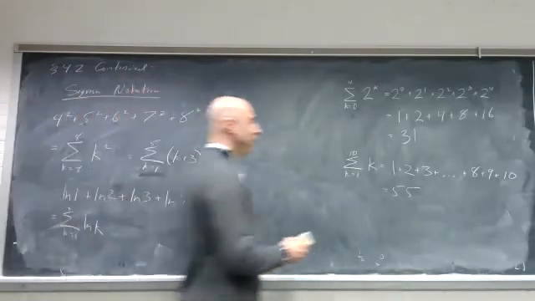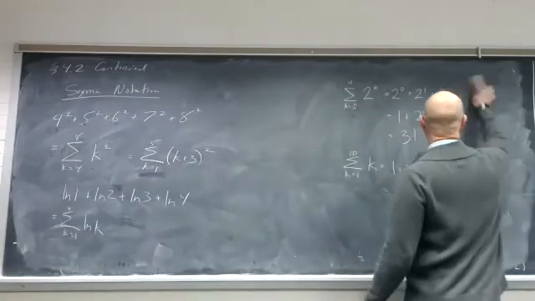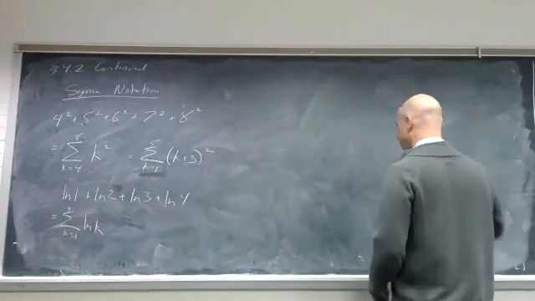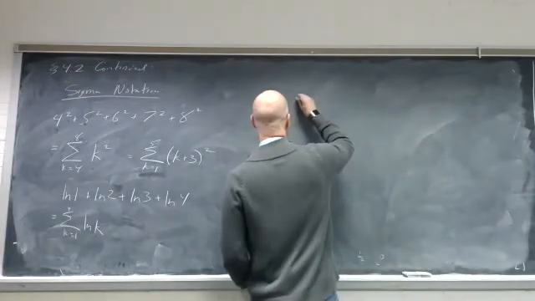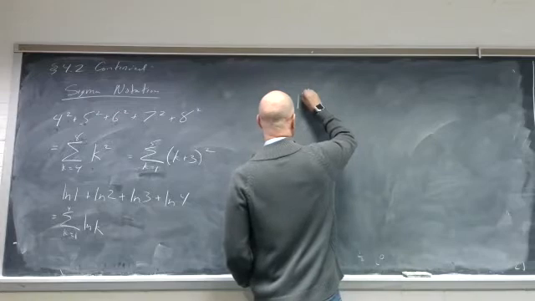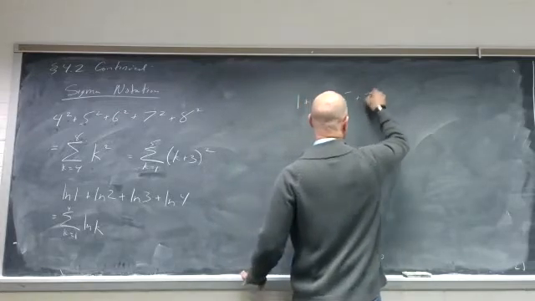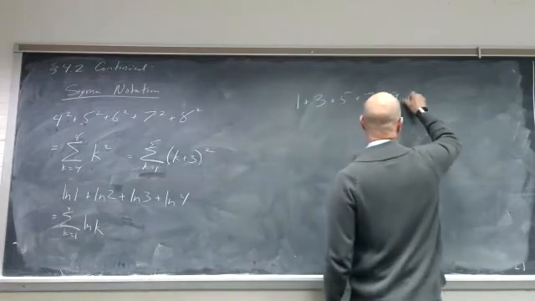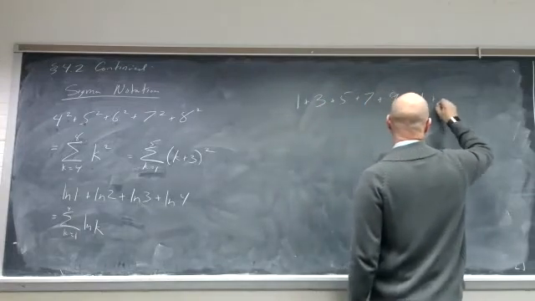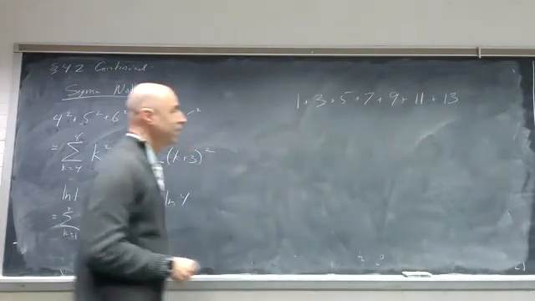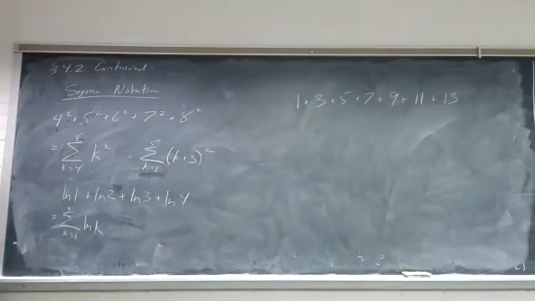Let's do one that's a little bit harder. Now, it's not like I haven't taught you what you need to know to be able to do this. You can still do this. How about 1 plus 3 plus 5 plus 7 plus 9 plus 11 plus 13? So you might be going, wait a second, how do I do that? Because the numbers go up by 2.